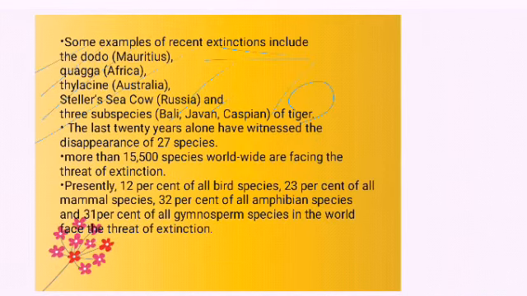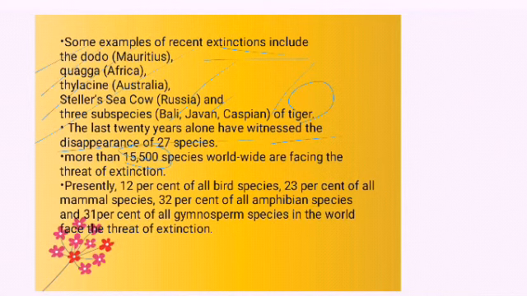And in the last 20 years alone, how many species have disappeared? 27 species have disappeared. More than 15,500 species worldwide are facing a threat of extinction. Imagine, 15,500 are facing a threat of extinction. They may become extinct in the near future.